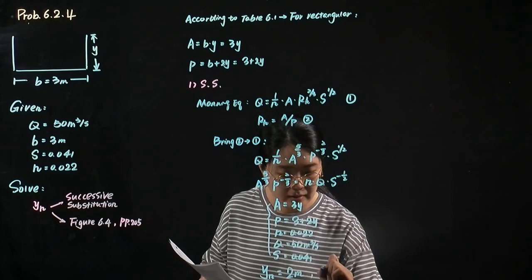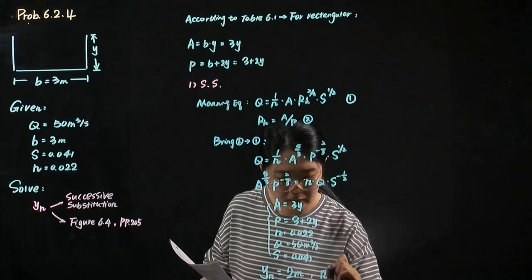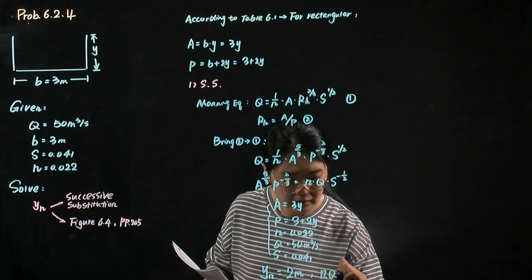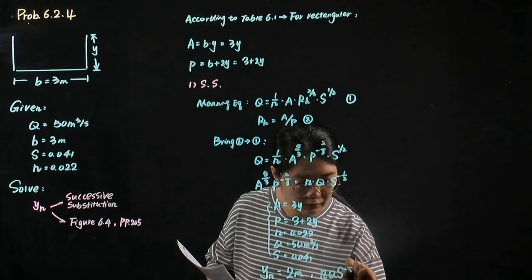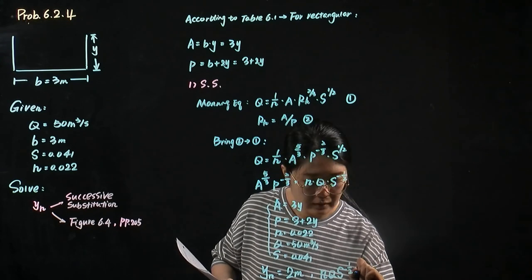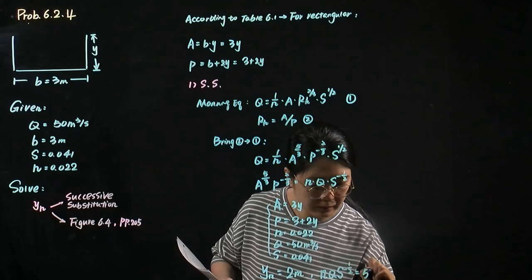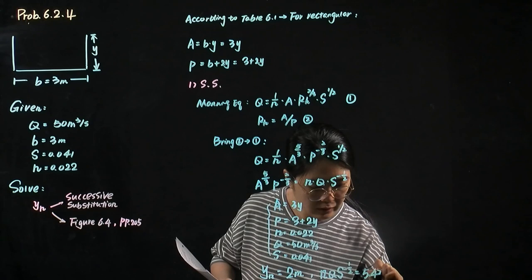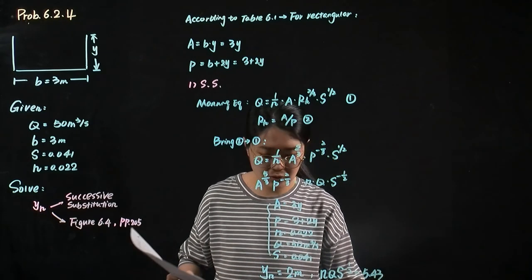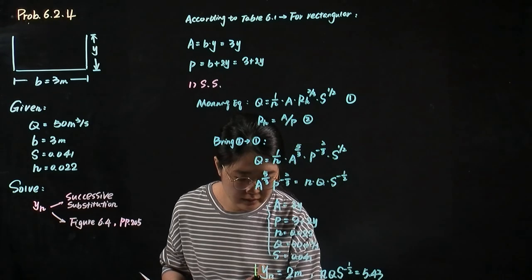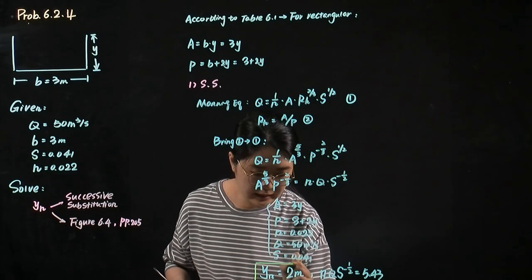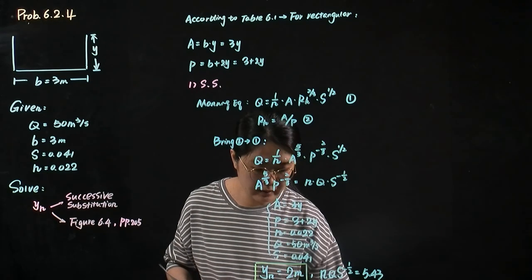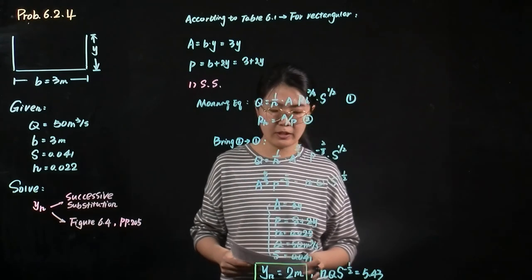Also, we can get the value of this term, n times Q times the slope to the power of minus 0.5. It equals 5.43. We will use this term later. So this is the normal depth we calculated by applying the successive substitution method.